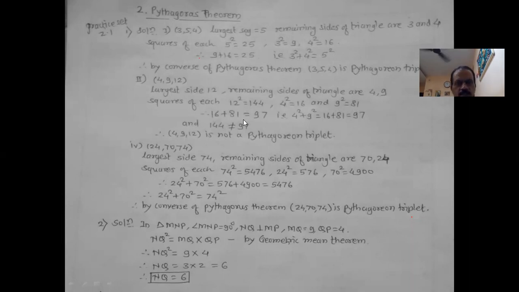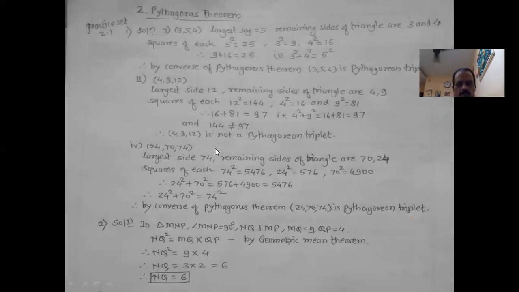Now 16 plus 81 is equal to 97. Therefore, 4 square plus 9 square is equal to 97, but 144 is not equal to 97. Then we say that the given numbers 4, 9 and 12 are not a Pythagorean triplet.